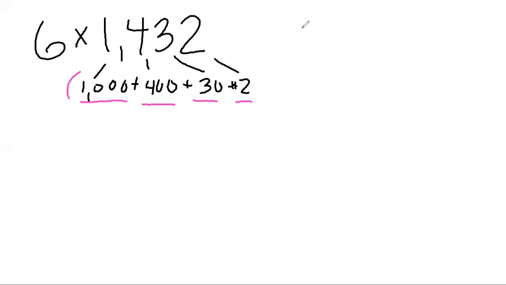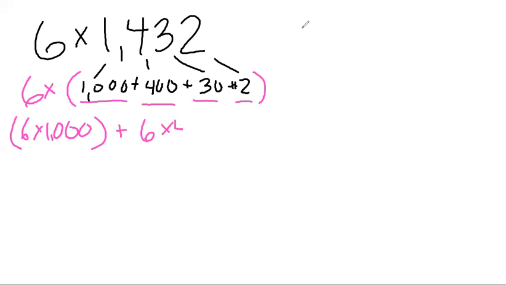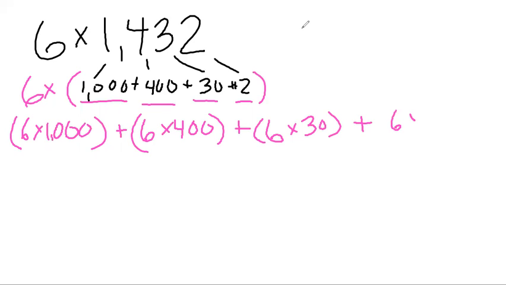So I'm taking each one of these numbers, I'm still going to multiply them by 6, okay? So I'm going to have 6 times 1,000 plus 6 times 400 plus 6 times 30 plus 6 times 2, okay?